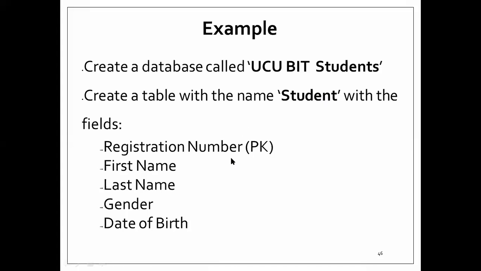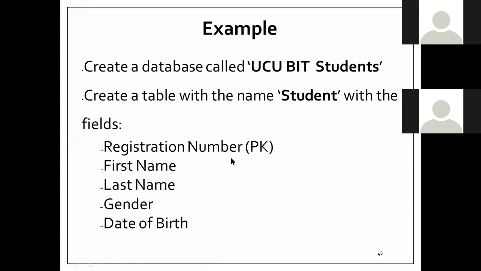Where you see fields are listed and there is PK in a bracket, it means that that is a primary key field. Also, when you are seeing fields listed with the FK in it, it means it is a foreign key field. Remember last time we said a foreign key is a field which links the two tables together.